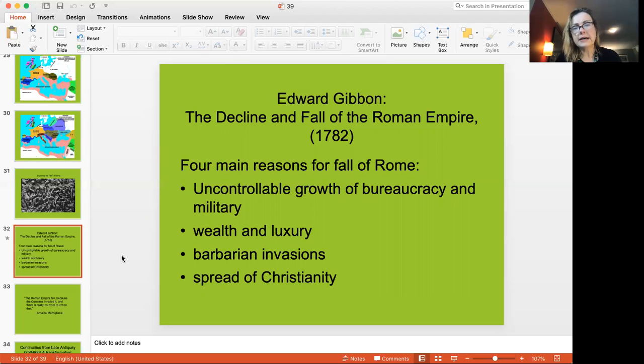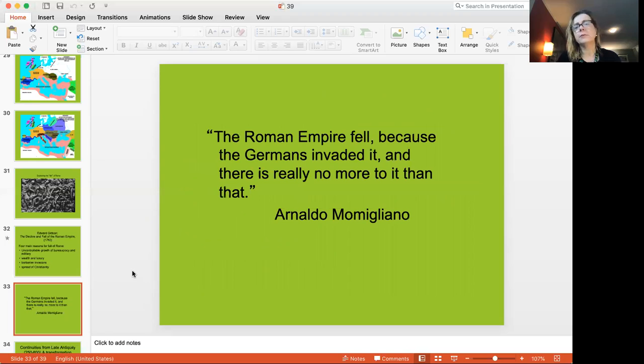Personally, I'm most interested in a slightly more solid explanation that also questions what exactly it means to say that the Roman Empire fell. Arnaldo Momigliano, a 20th century historian, said, very simply put, that the Roman Empire fell because the Germans invaded it, and there is really no more to it than that.